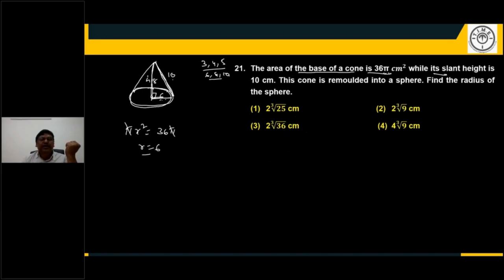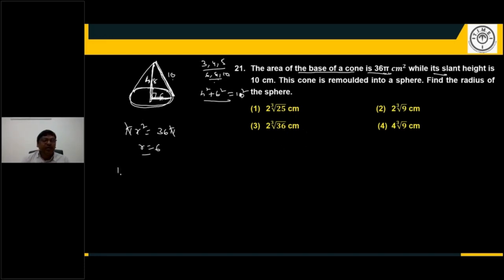Otherwise, if you want to find the height, h square plus 6 square, because side square plus side square is hypotenuse square, that is 10 square. You simplify, you get h is equal to 8. 10 square is 100 minus 36; 100 minus 36 is 64, whose root is 8. Right? So height is 8.